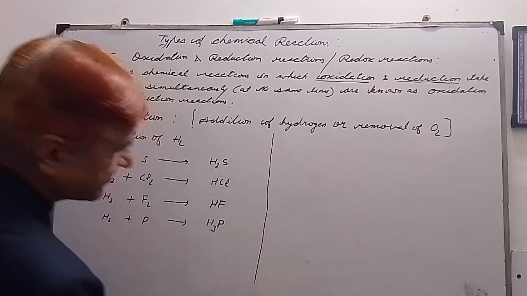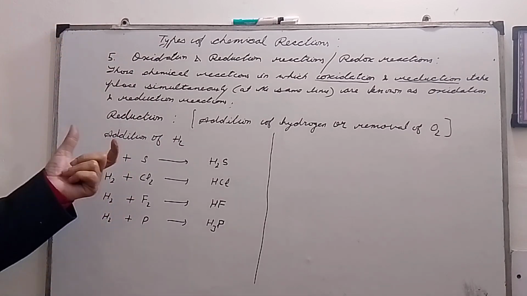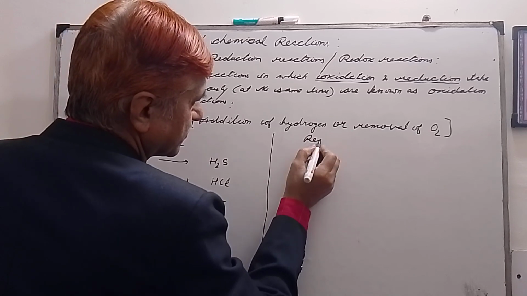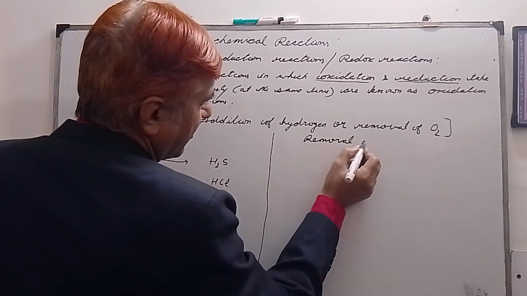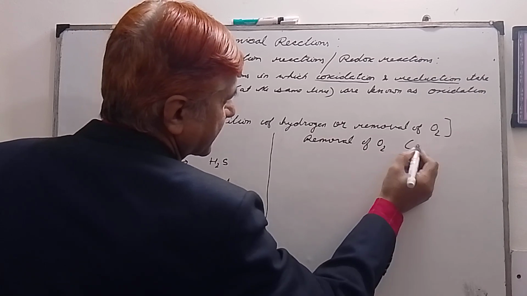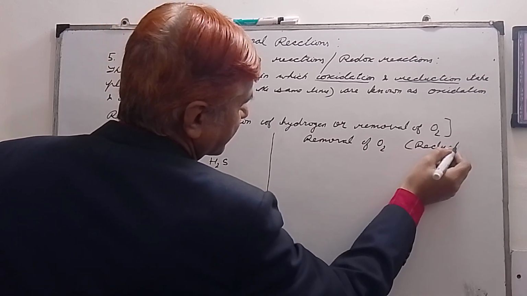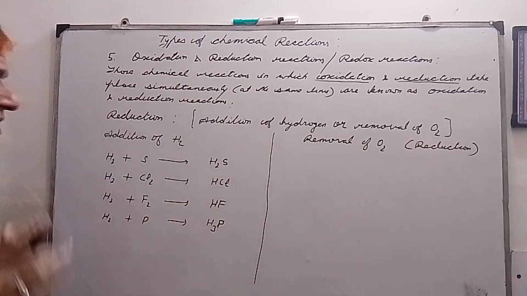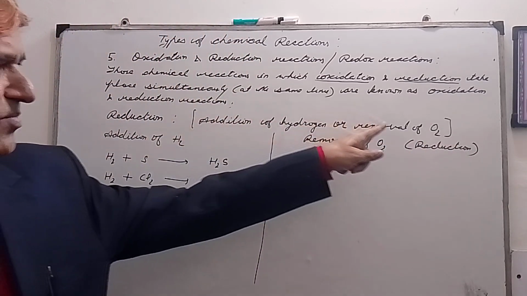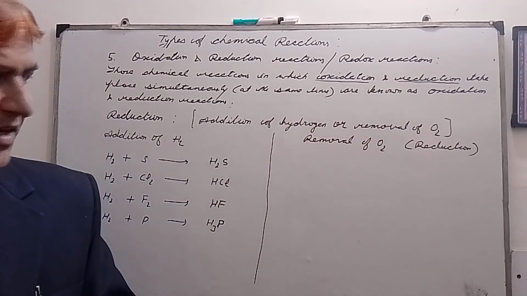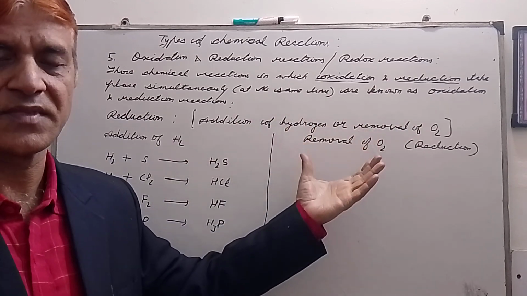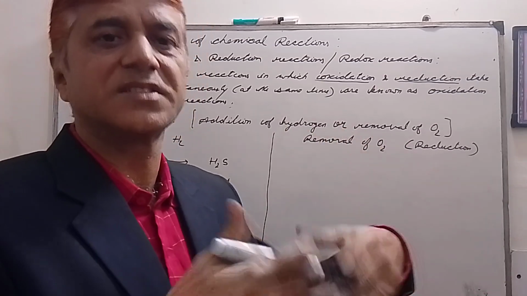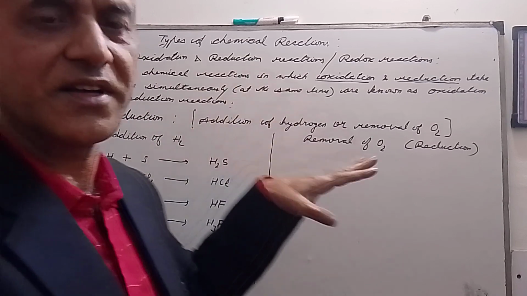Now let's understand reduction through removal of oxygen. Removal of oxygen is again reduction. My dear students, keep these things in your brain: addition of hydrogen or removal of oxygen, and cram these things. There is nothing to understand here, about why this is oxidation and why this is reduction.